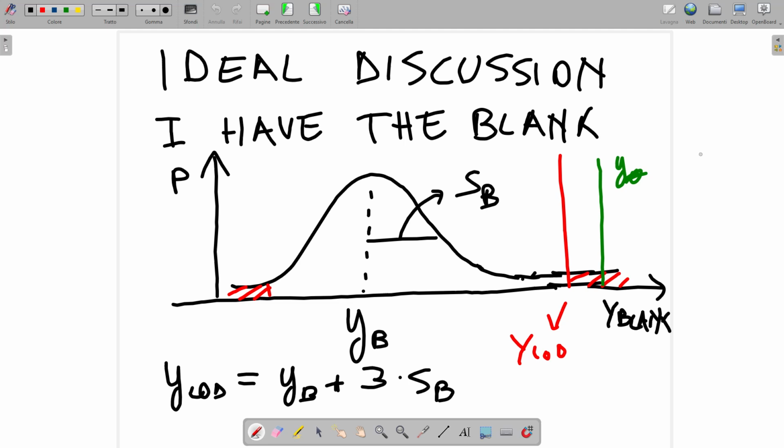Anyway, I think you have understood the importance of the limit of detection, because after calculating it, I know that the analytical method is not suitable for lower concentrations.